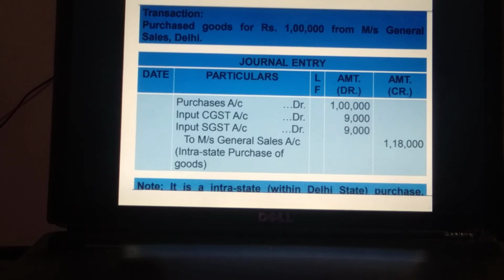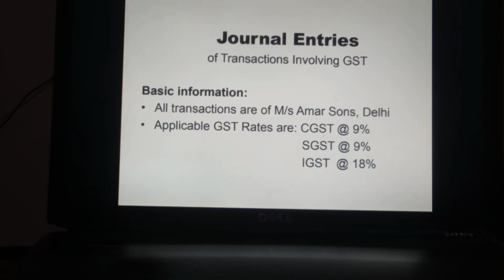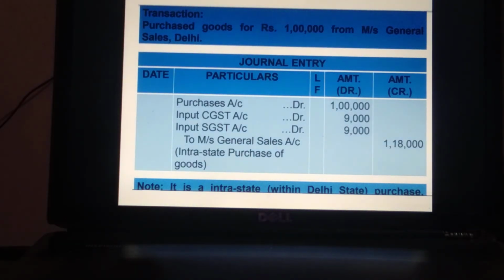So here the rate of CGST and SGST is 9%. We have to charge CGST and SGST on that particular 1 lakh at the rate of 9%. So 9% of 1 lakh is 9,000. So input CGST 9,000 and input SGST as well 9,000.